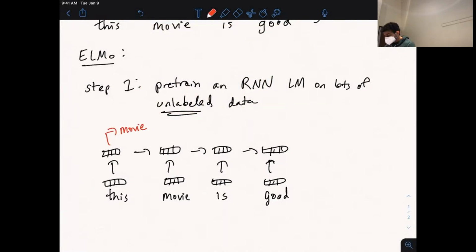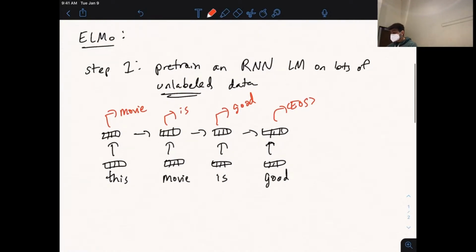So this movie is good, end of sequence, or something like this, right? So I have as many sentences as I can get from wherever, the internet or Wikipedia, and I can pre-train this RNN language model on this task of predicting the next word, right?